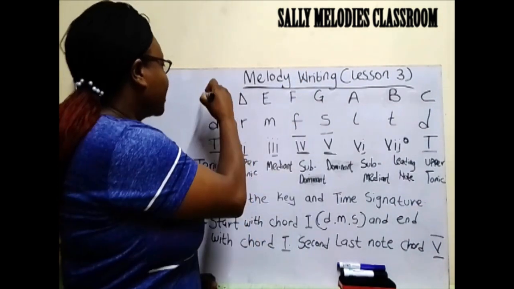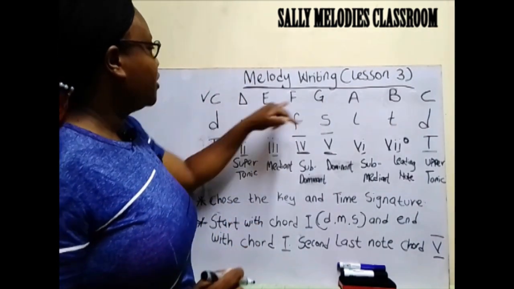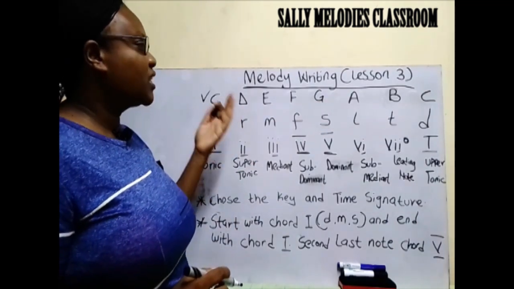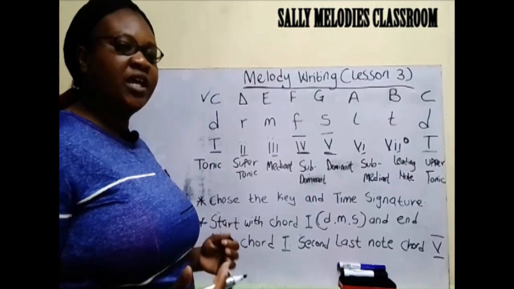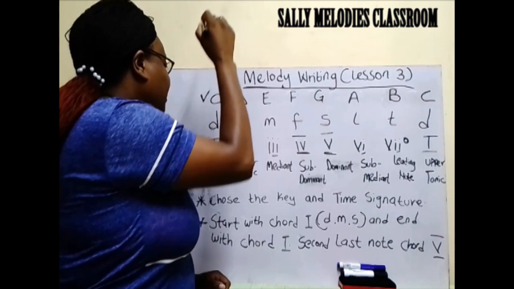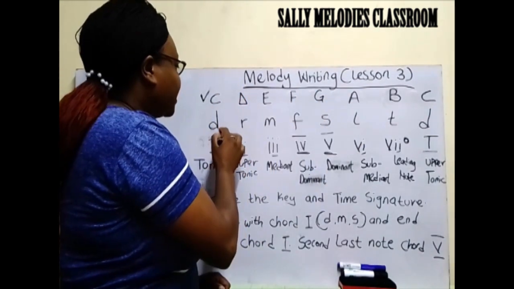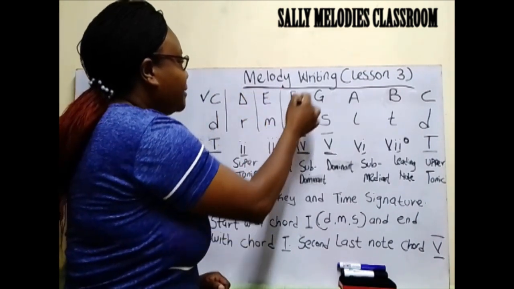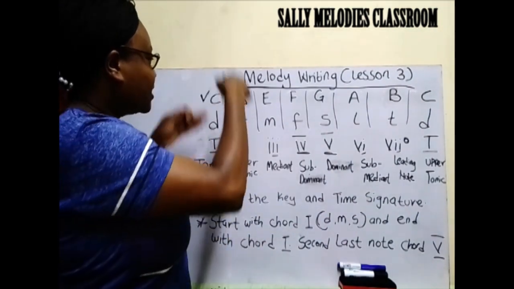So you take your scale here and then you write it into letters. I have taken the scale of C. You can use D, E, F, G, A, but we cannot write everything here, so I've just chosen one. And then below the letter names, you give each letter name a solfa below it, so that things will be easier for you.